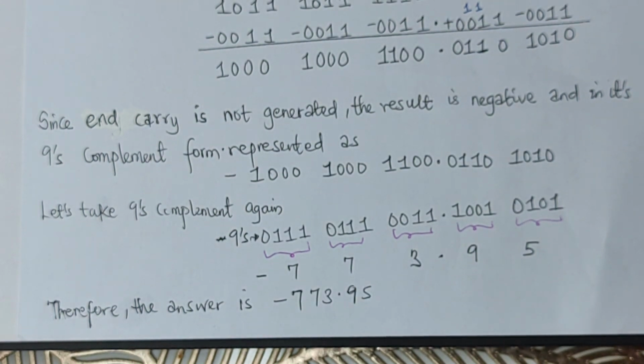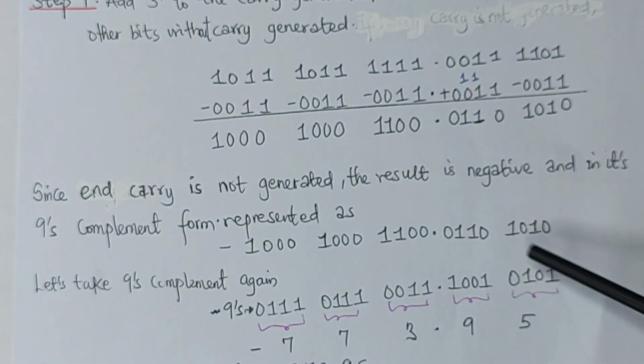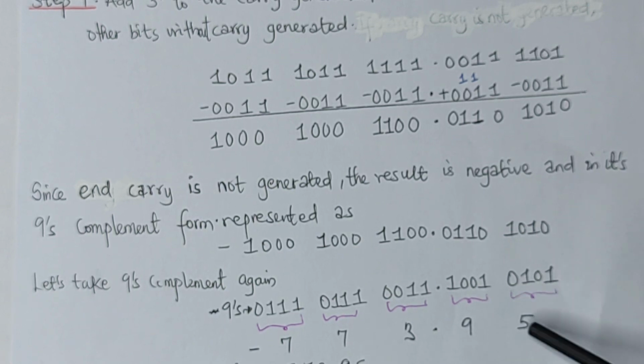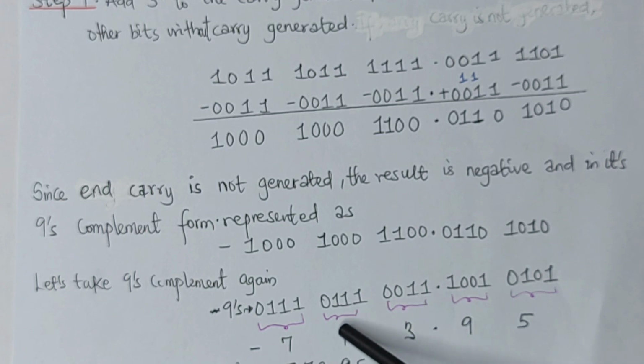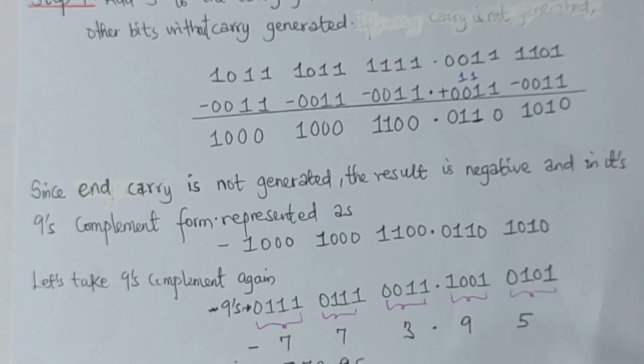Now to this, you can see that when we put this back in decimal form, I'm going to have this as 5, this will be 9, this will be 3, this will be 7, this will be 7. Maybe you're asking me how.